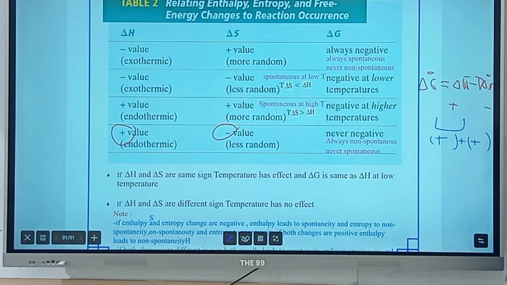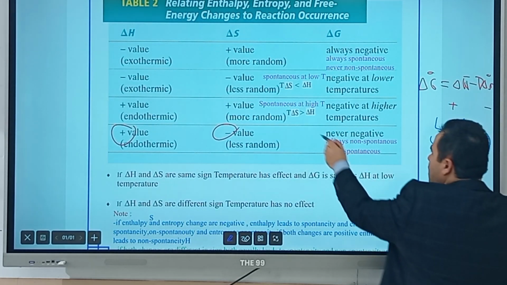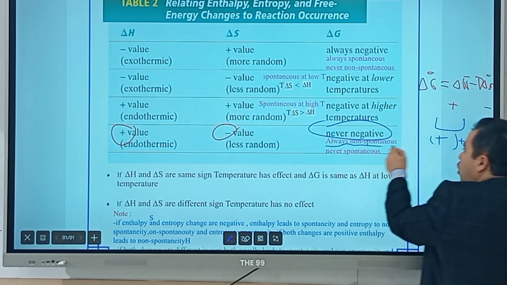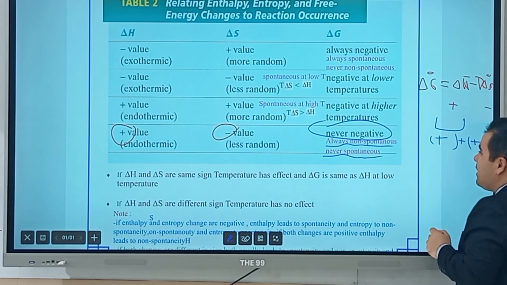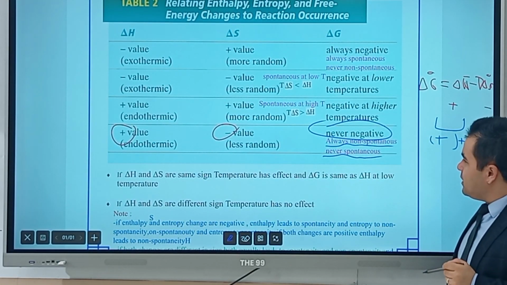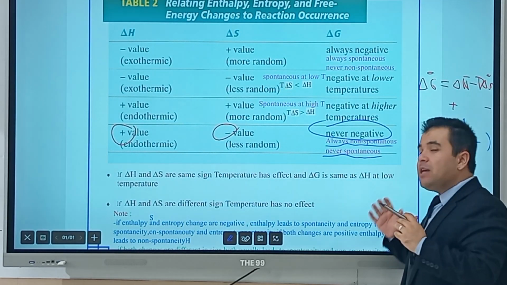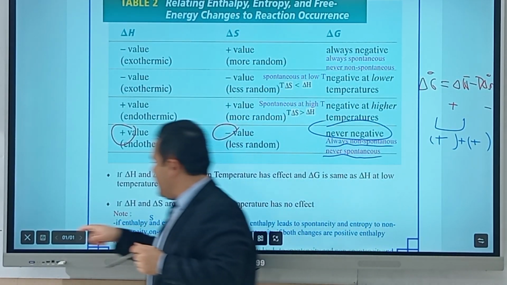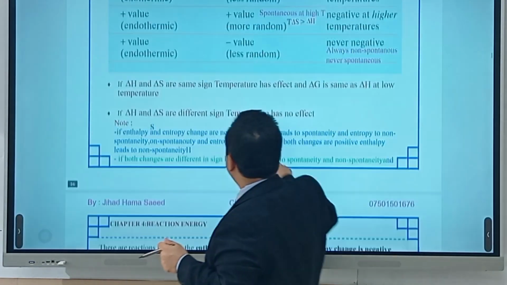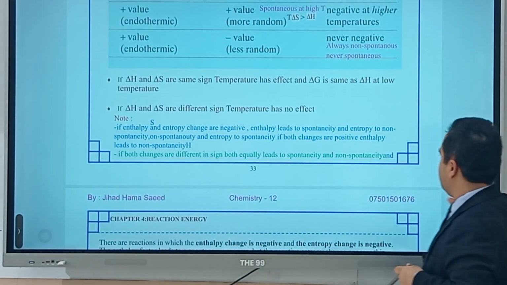If we add two positive values, it always becomes positive, so never negative, or we can say always non-spontaneous, or never spontaneous. This reaction is never spontaneous. These are the four cases. Simply by this technique, you will be able to determine the sign of the free energy.